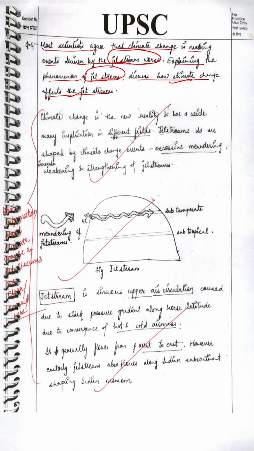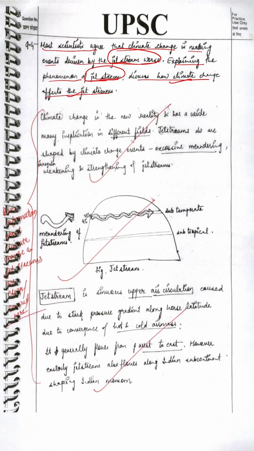So the demand of the question is quite simple, but the question is not quite easy to answer because it requires certain concepts of jet stream, what climate change is, how climate change is impacting jet streams, how jet streams are linked to climate change, and how there are variations in the westerly winds present in the upper troposphere. These things have to be discussed to make this answer relevant and with a better flow.